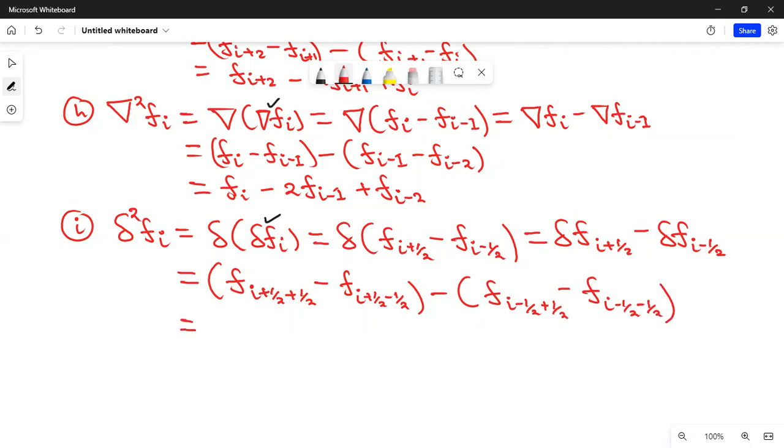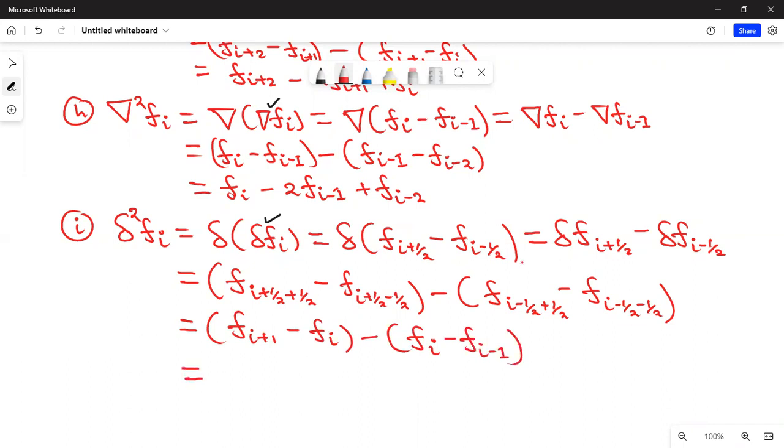When you open the bracket, you get, because of course this is the same as f of i plus 1 minus fi, then minus fi minus f of i minus 1.